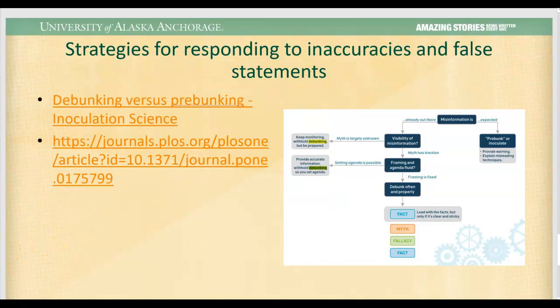Last couple slides here. We've got a couple resources I wanted to share with you, and I want to make sure that you know these strategies. So take a look at the Misinformation Management Field Guide as well as the Debunking Handbook, and there are some really helpful strategies for both pre-bunking, which is a form of inoculation where you try to anticipate what's coming, warn that it's coming, and then explain why it's going to be false.